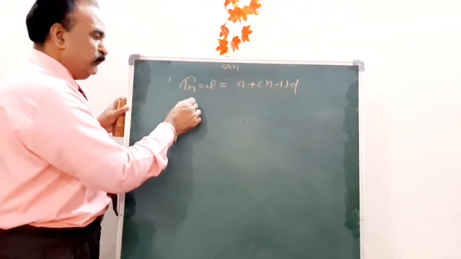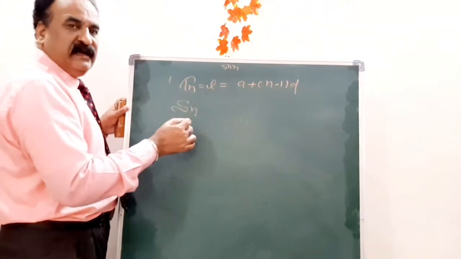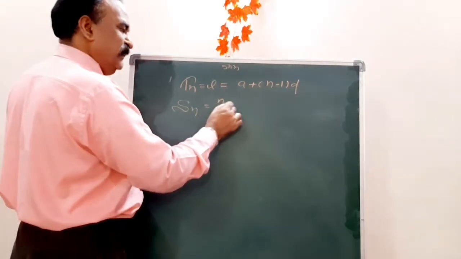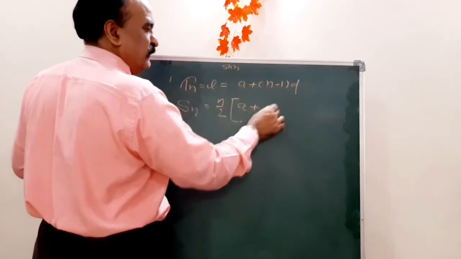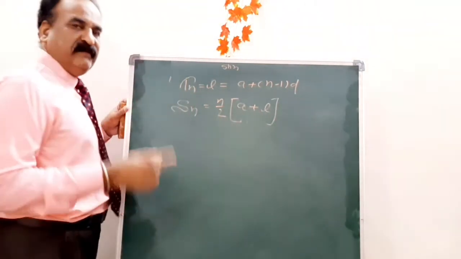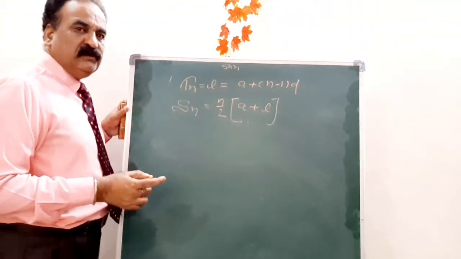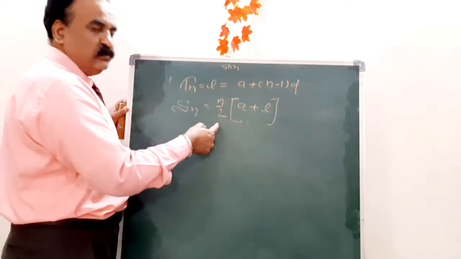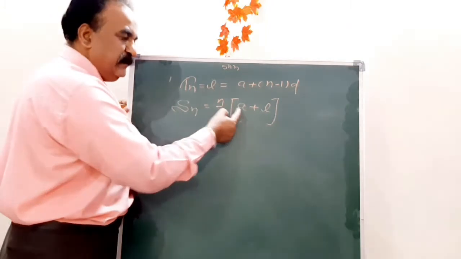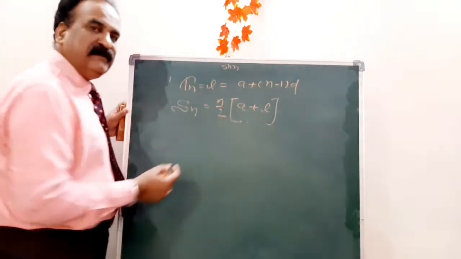Okay. So what is the formula to find the sum? Sn is equal to n by 2 into bracket A plus L. When the last term is given to you, then the formula to find the sum of the AP will be n upon 2. N means number of terms, A means first term and L will be the last term.